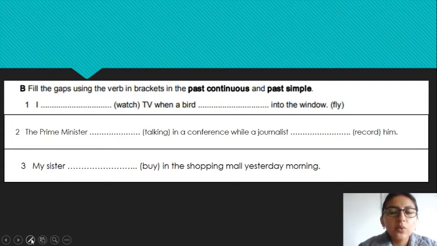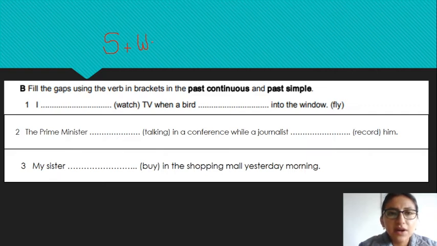Can you tell me what the structure of past continuous is? Okay, first, for past continuous, we have to have the subject plus what else? Very good, the verb to be in past.